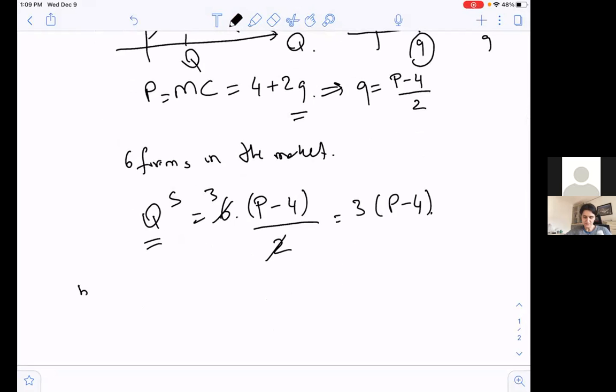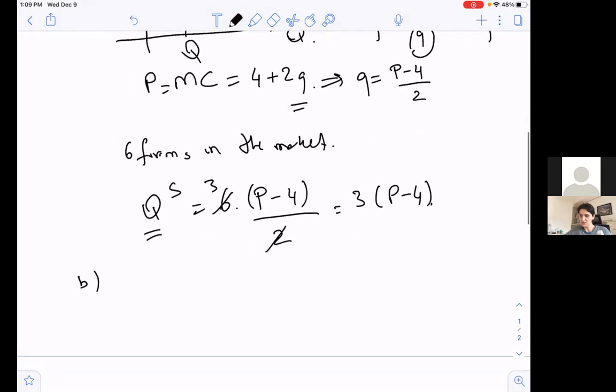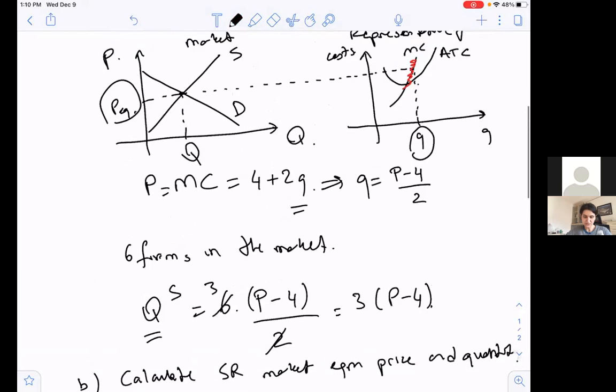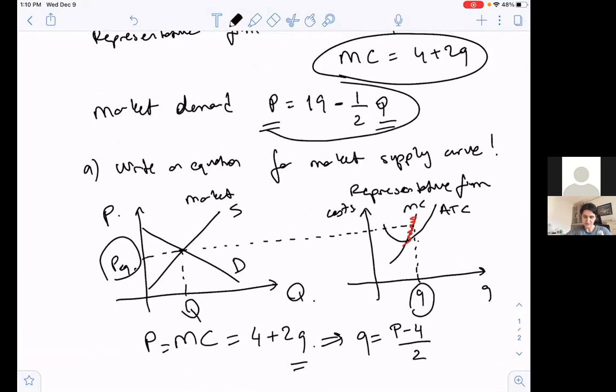Part B is asking you, given the market supply curve you found in part A, calculate short-run market equilibrium price and quantity. So we know the demand.